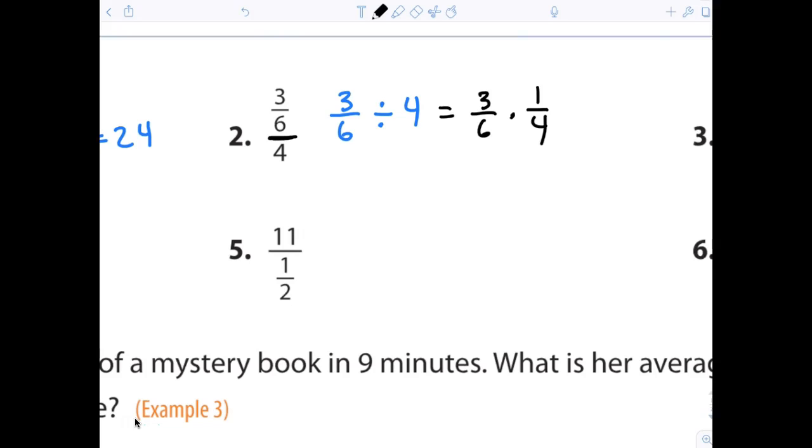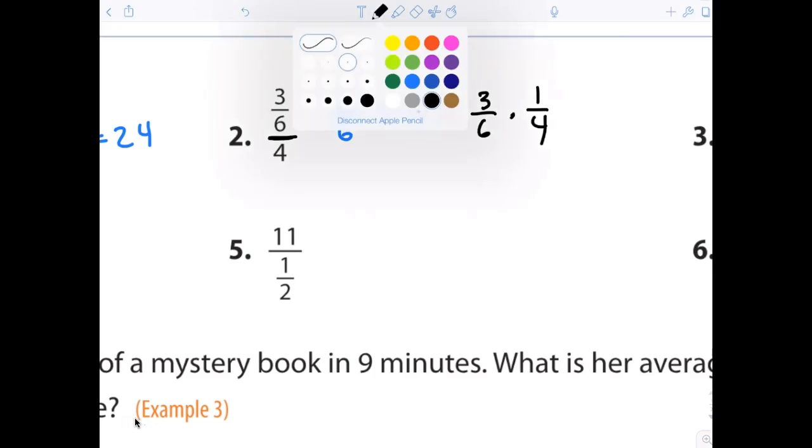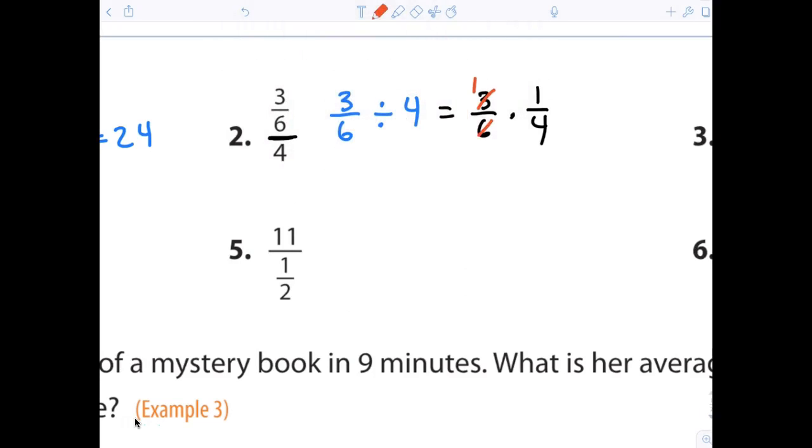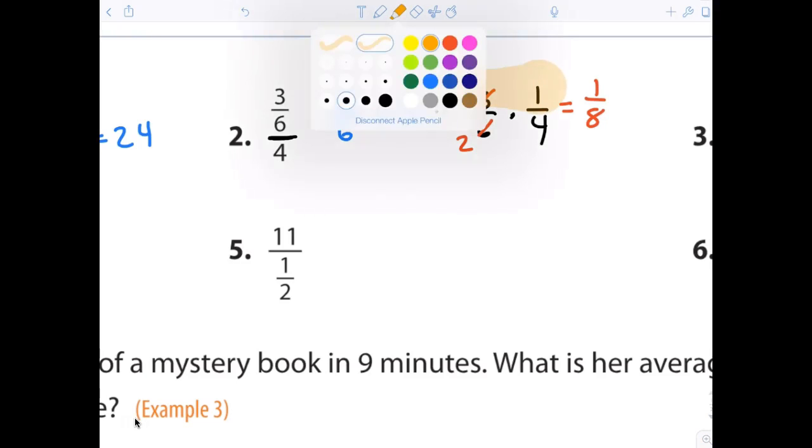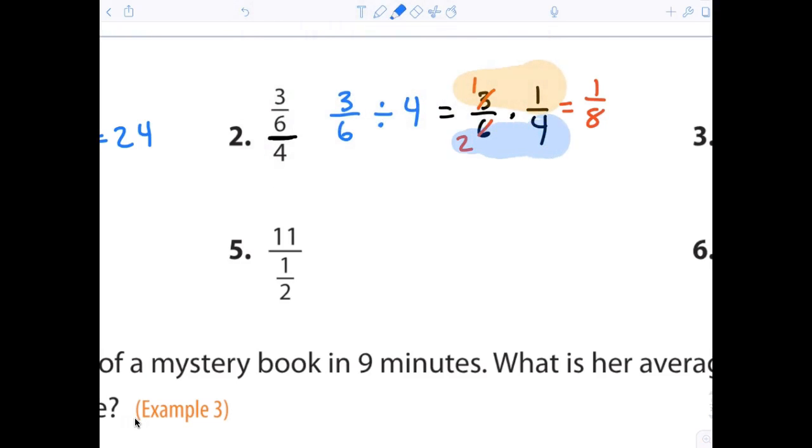Are you with me? So 3/6, I prefer now that you're writing it as 1/2, and make sure you're hearing me, that 3 goes into 3 once and into 6 twice. Does that make sense? And then 1/2 times 1/4, everybody should be able to say 1 over what? 1/8. Because again, remember, when you're multiplying numerators, and then you're multiplying what?